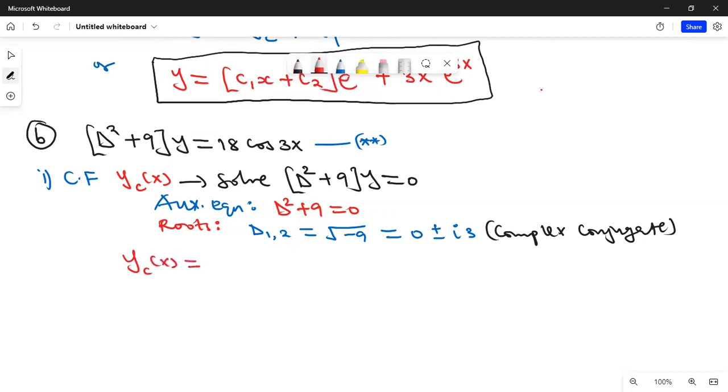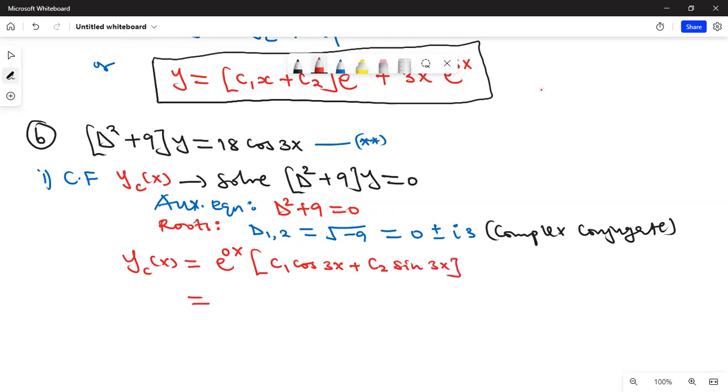It will be yc of x is equal to exponential 0x, c1 cos 3x plus c2 sine 3x. And you know, anything raised to 0 is 1.